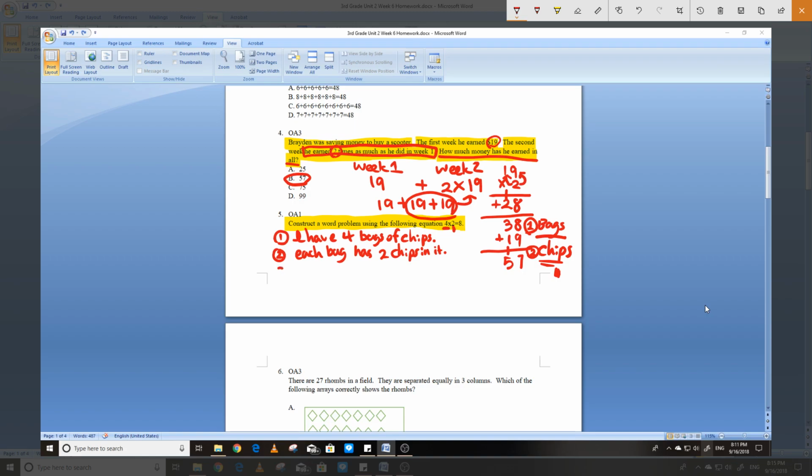Lastly, your question is the last thing you write for the word problem. You have to talk about how many chips we have in all. That is what's going to set this equation or question into a multiplication question, because you're trying to figure out how many chips you have in all. If you know how many bags you have and how many is in each bag, you multiply them and you will find the correct answer.